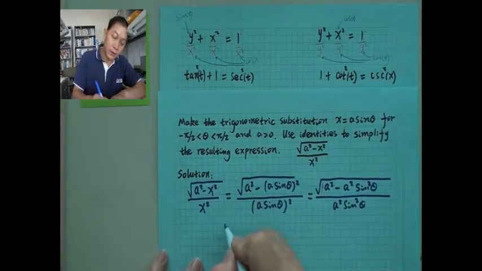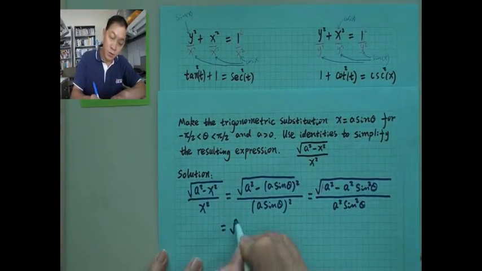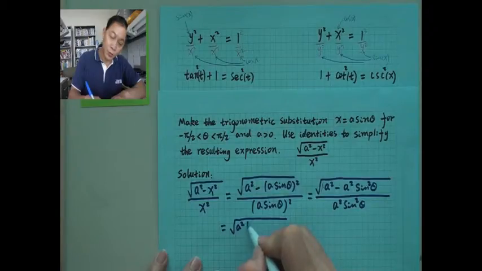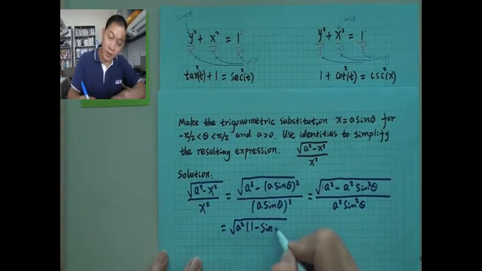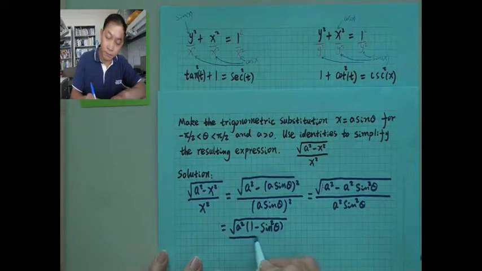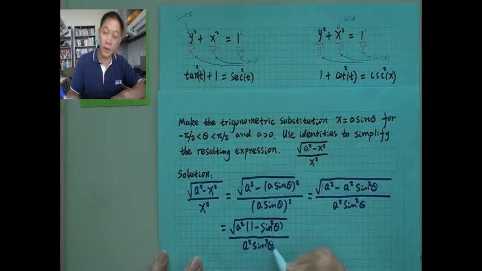So if you pull a squared out, you have 1 minus sine theta and then squared, now divided by a squared sine theta and then squared. Okay?